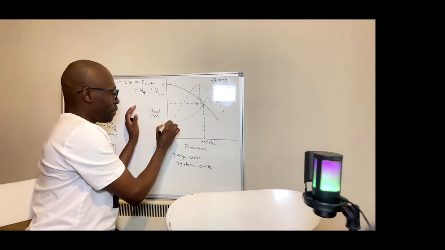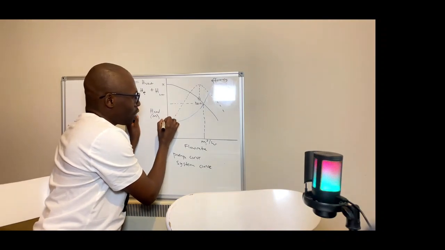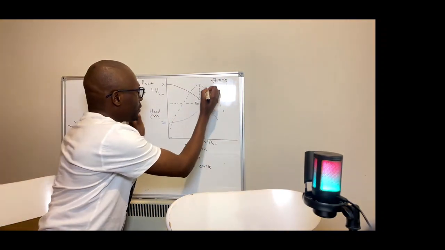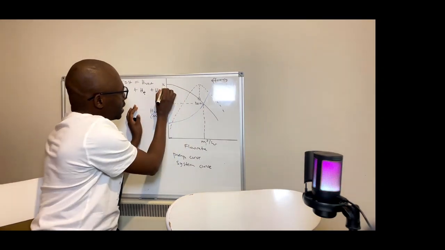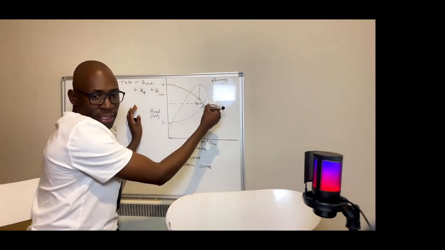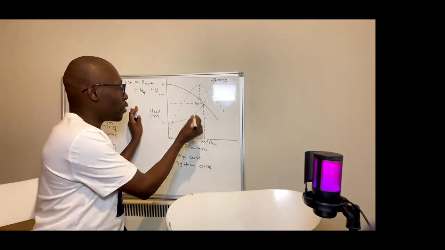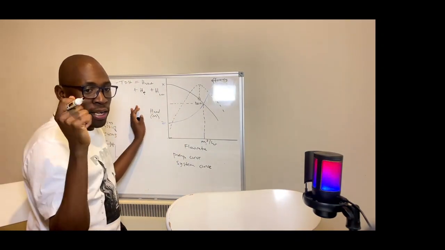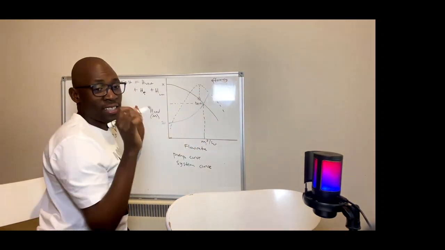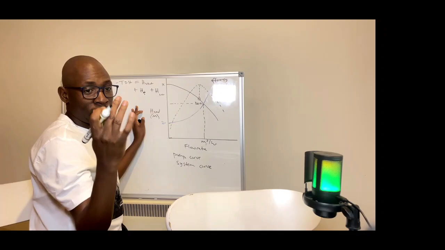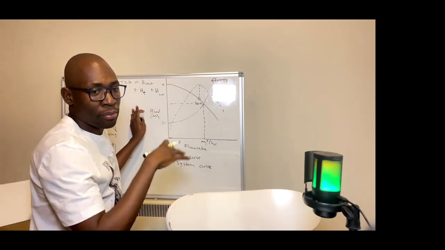So you just plot your system curve on this graph. The point where your system curve intersects with the pump curve is called the duty point. That's where your pump will operate, because the system curve is the work that the pump should do in order to pump the water.